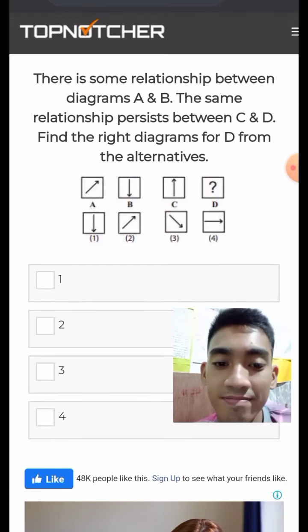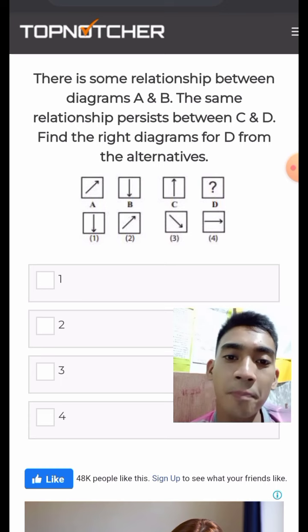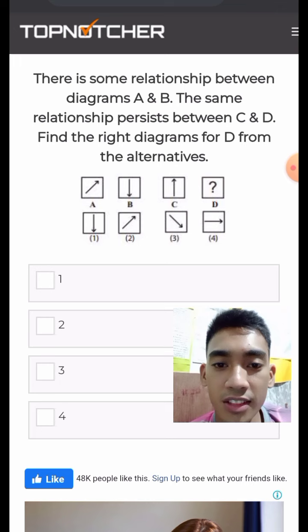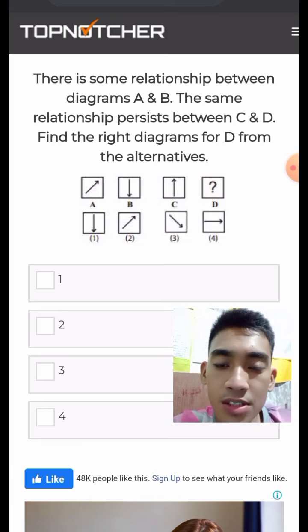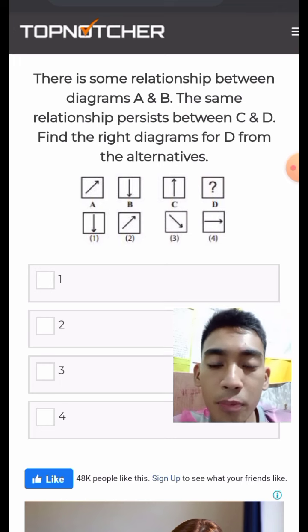So there is some relationship between diagrams A and B. The same relationship persists between C and D. Find the right diagram for D from the alternatives. For A, an arrow is pointing upper right, B pointing down, C pointing up.